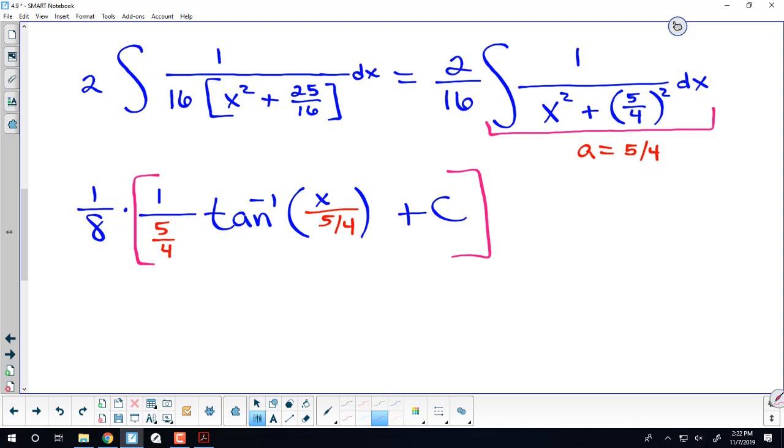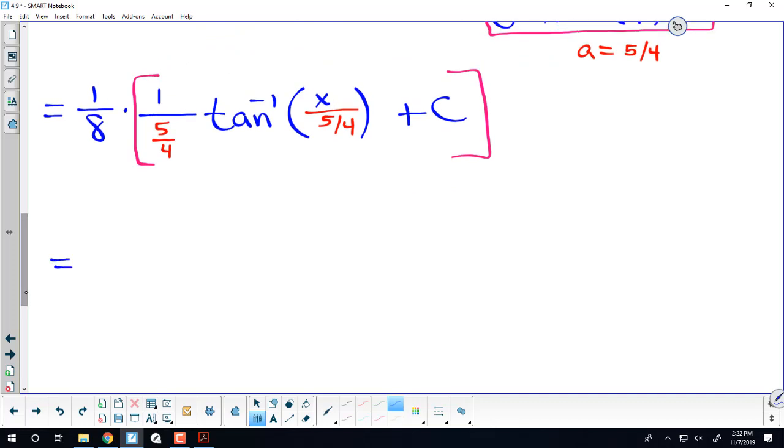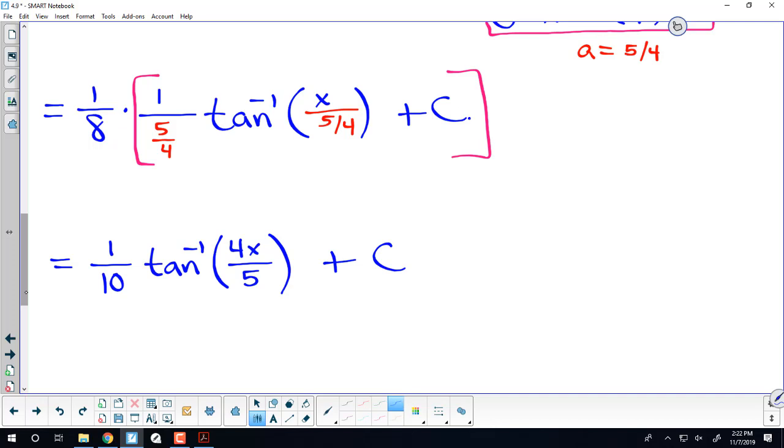And then so we'll have our 4/5 times 1/8. That's 1/2 times 5, 1/10. Inverse tangent of 4x over 5, plus a constant. We'll just call this a different one for now because it's multiplied by the 8th.